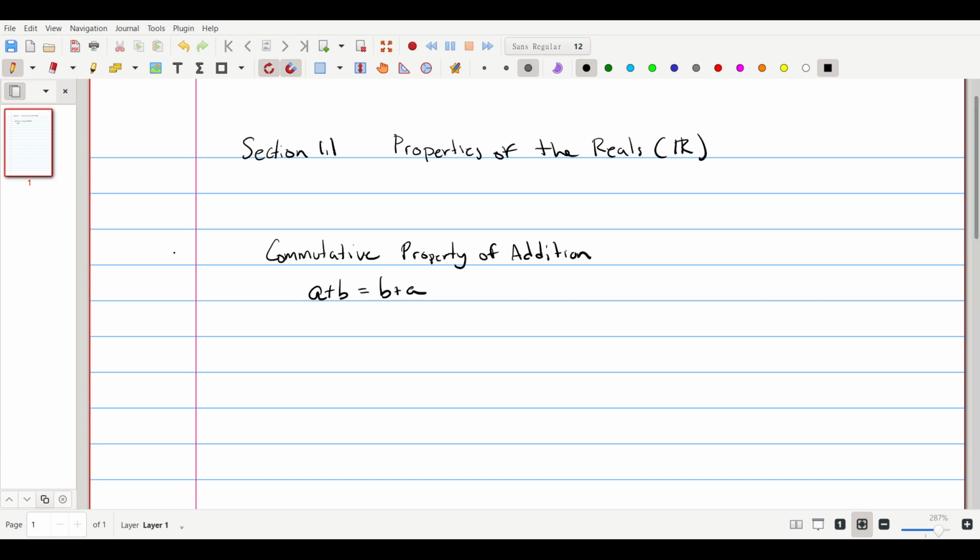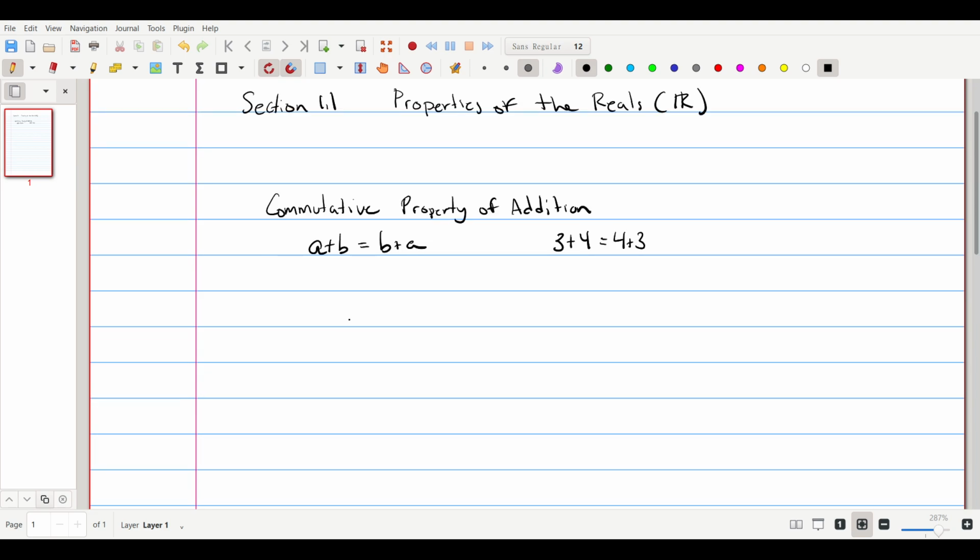All this means is that, for instance, 3 plus 4, this is 7. It's going to give you the same thing as 4 plus 3. So we can think of this property as: the order in which you add stuff doesn't matter. If everything's addition, then the order doesn't matter in which you do it.